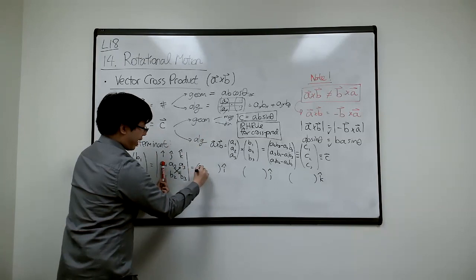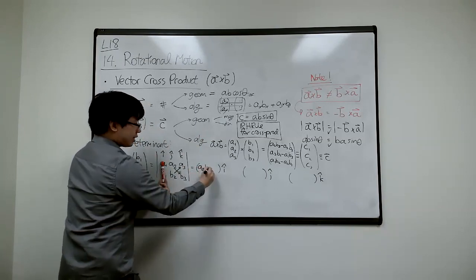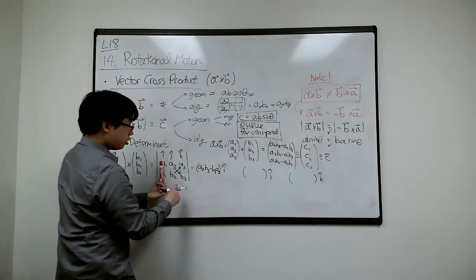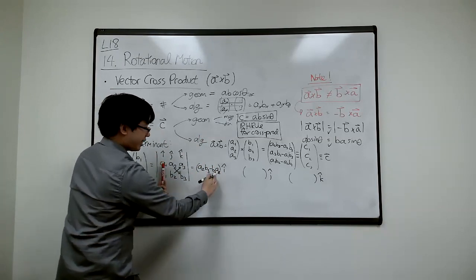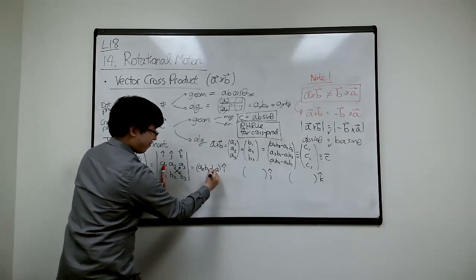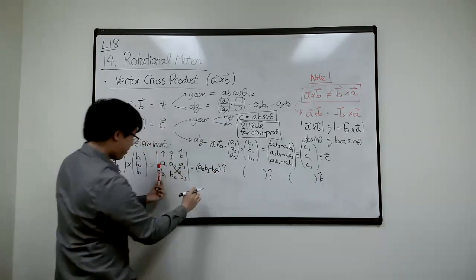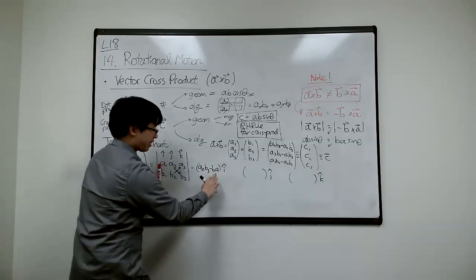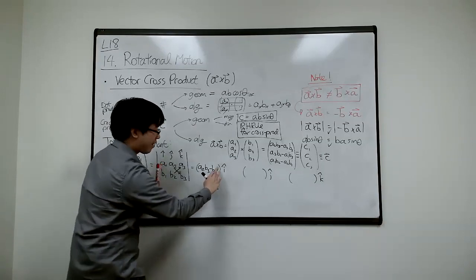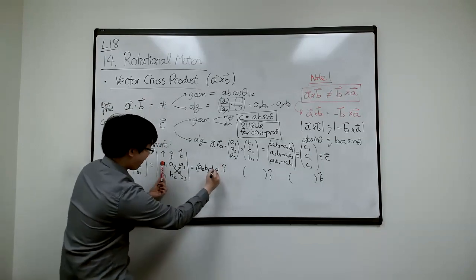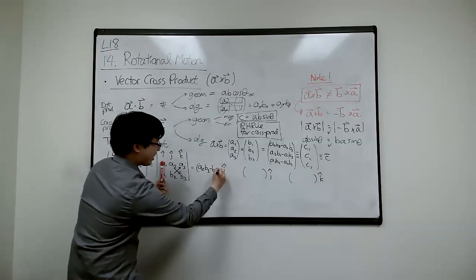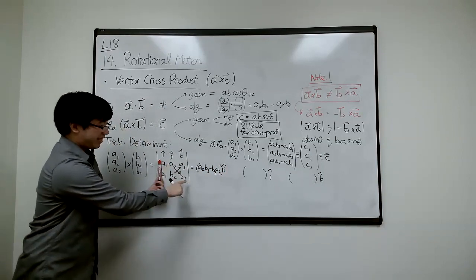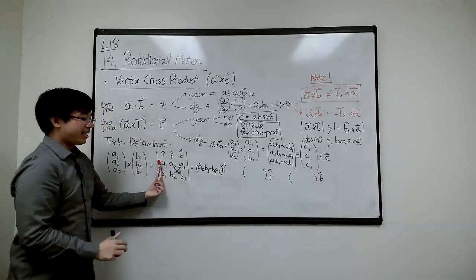So you will have A2B3 minus B2A3. It's weird looking at a board at an angle, by the way. You must have heard teachers use this excuse all the time when they screw something up on the board. B2A3, there you go. A2B3 minus B2A3.